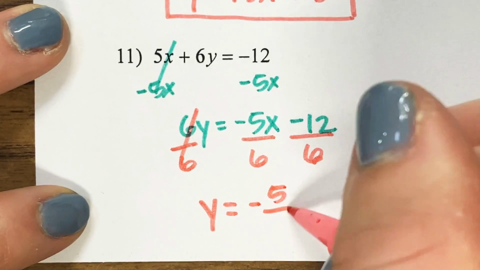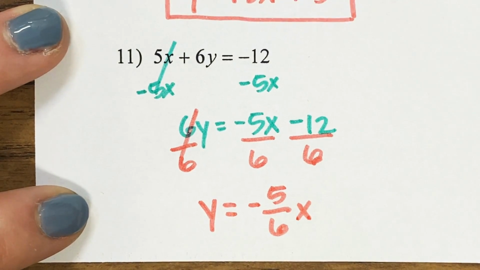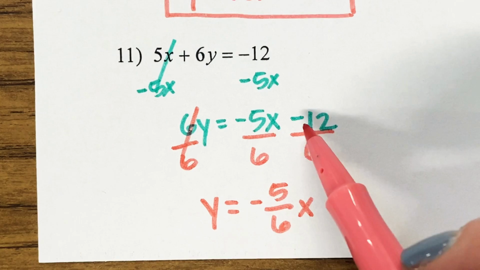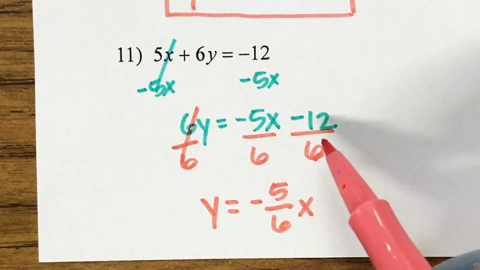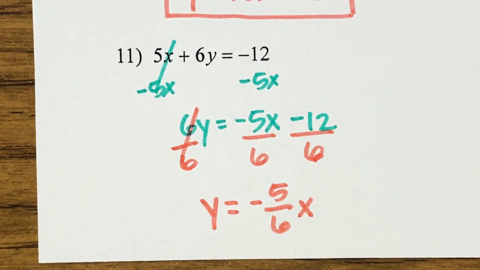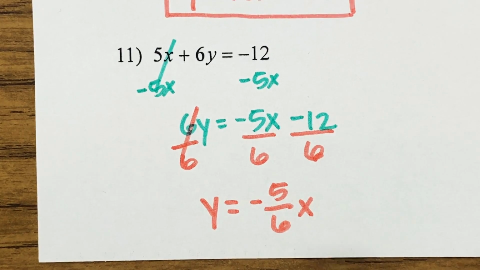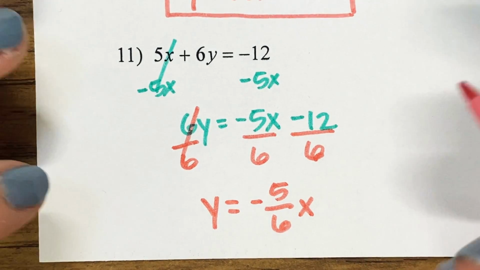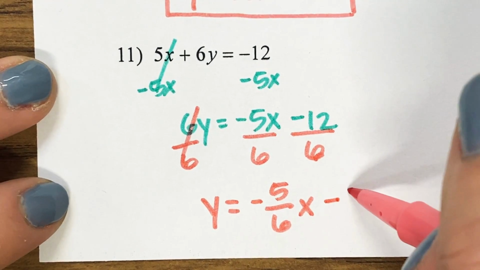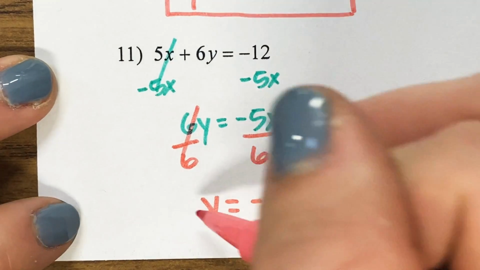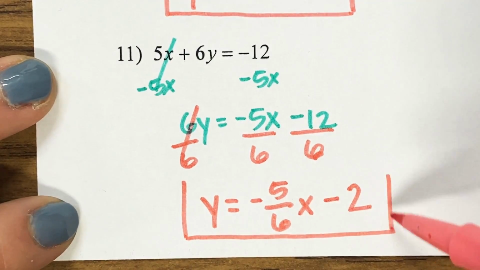It just stays negative 5 over 6x. Okay, but what is negative 12 divided by 6? We can reduce that one. What is negative 12 divided by 6? That's going to be negative 2. And there we go.